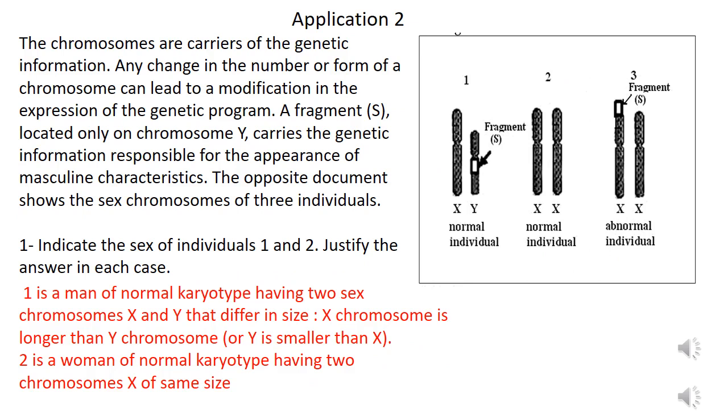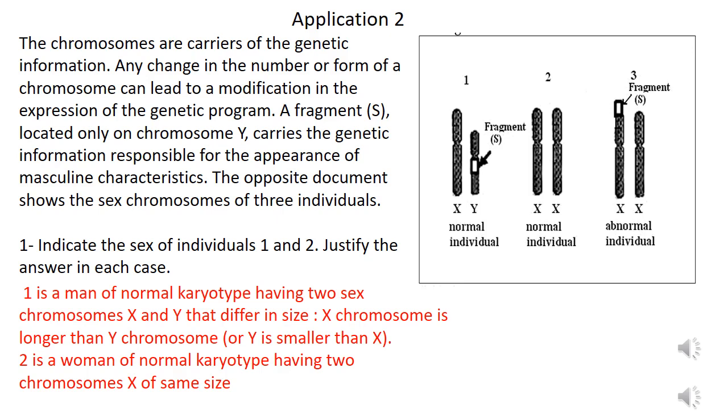Application 2. The chromosomes are carriers of the genetic information. Any change in the number or form of a chromosome can lead to a modification in the expression of the genetic program. A fragment S located only on chromosome Y carries the genetic information responsible for the appearance of masculine characteristics. The opposite document shows the sex chromosomes of 3 individuals.